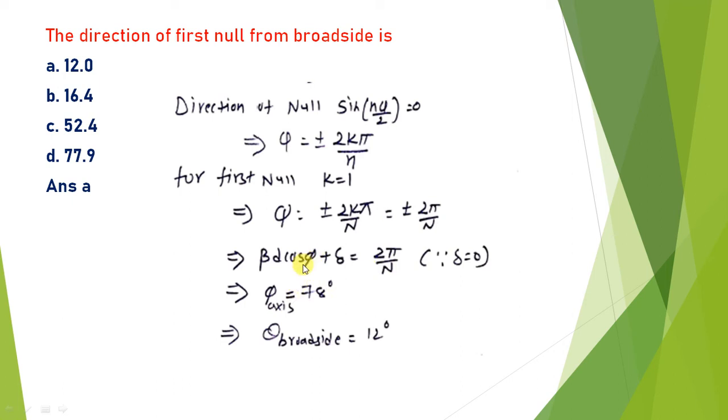So phi from the axis is equal to 78 degrees, but we have to find it from the broadside. So this is the axis, so now 90 minus 78 will give you the broadside angle equal to 12 degrees. So the answer is A.